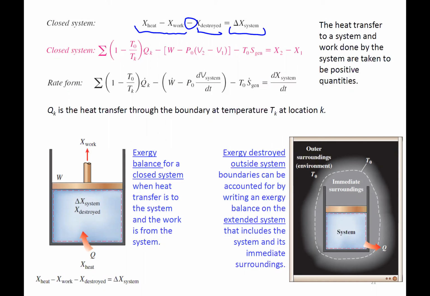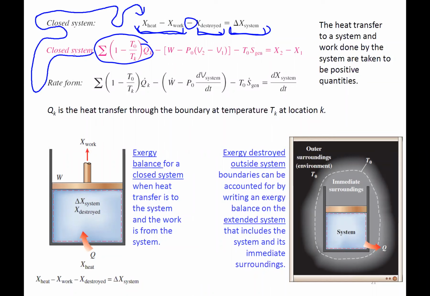So we have heat and work crossing our boundary, X destroyed, and our exergy change inside our system. So here we have the heat right there. Here we have exergy transfer by work.